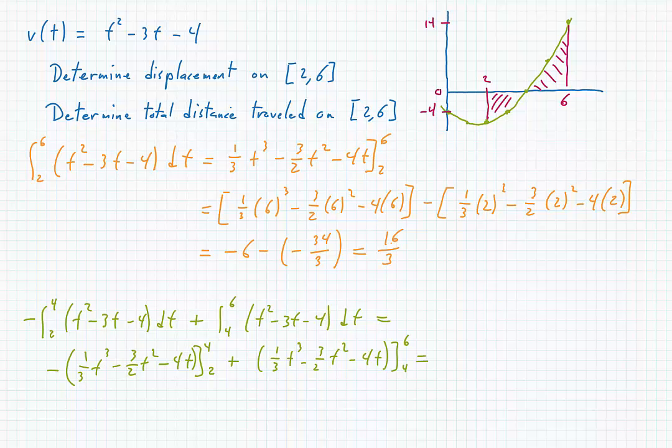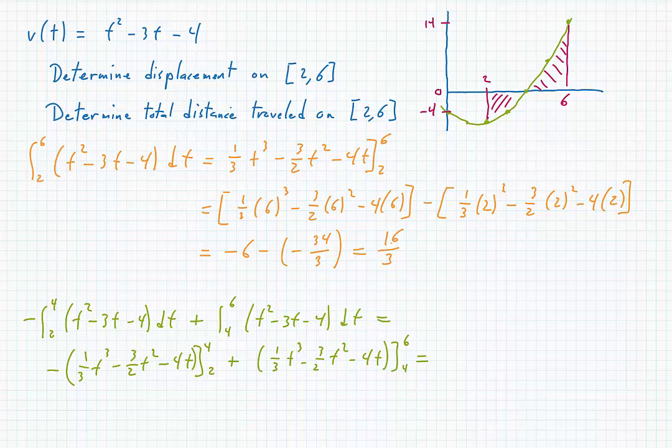So let's see what we get here. I'm going to work on the first part to begin with. I'm going to start with 1/3 of 4 to the third minus 3/2 of 4 to the second minus 4 times 4.